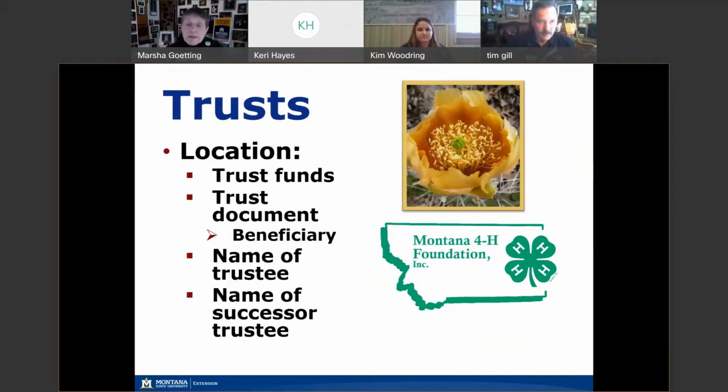So take a look at those trusts and find out the trust document you want to know, and that trust document will tell you who the beneficiary is, who is the name of the trustee. That trustee needs to have access to the trust so that they make sure that they're doing what the trust document tells them to do. And then if that trustee is already deceased, we need to know the name of the successor trustee.